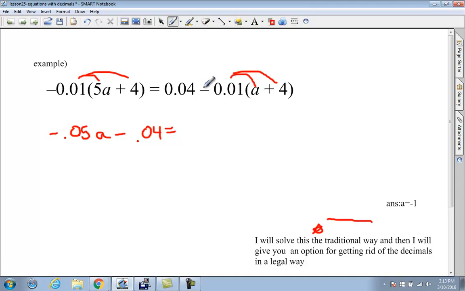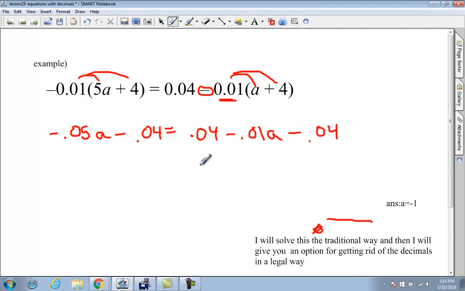But that negative, by the way, this minus sign, it always belongs to the number that's to the right of it, so I can essentially read that as negative 0.01. So I'm going to have this 0.04, I'm just going to keep it, just drop it down and keep it, so then minus 0.01a, and then 0.01 times 4 is 0.04, but a negative times a positive is a negative, so negative 0.04.